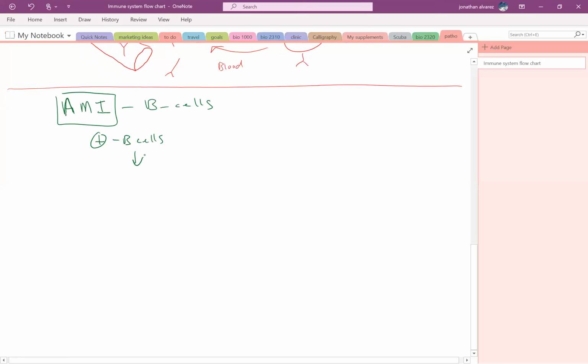Now this next part is important. They're activated by a specific antigen, so for the most part they're highly specialized. These B cells, once they're activated, actually turn into plasma cells.